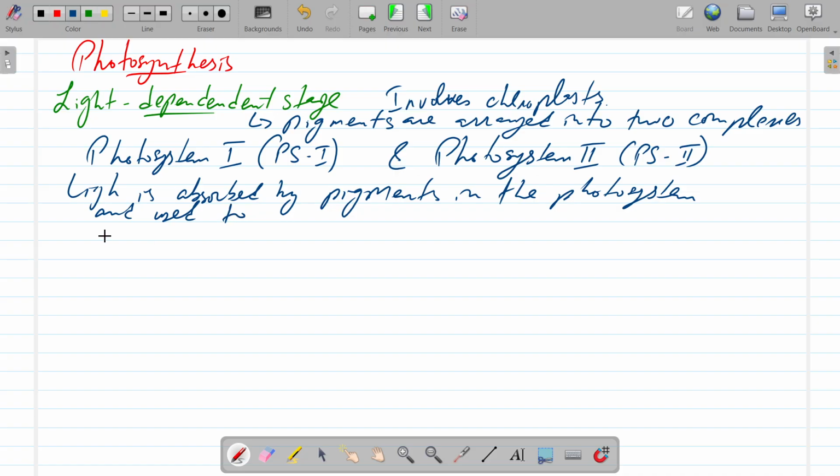I'll add these in bullet points. In fact, it is used to split water, so that is a photochemical reaction.